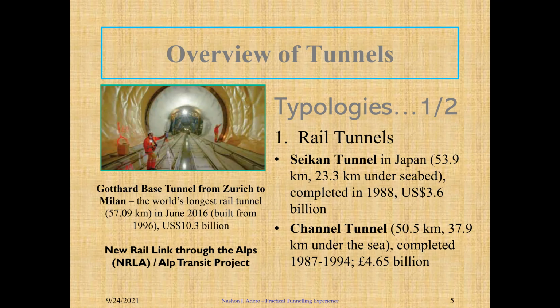Time is also a key part of the resources you need. The estimate was a whole 10.3 billion US dollars, and the length more than 57 kilometers. That is a rail link through the Alps connecting Zurich to Milan.